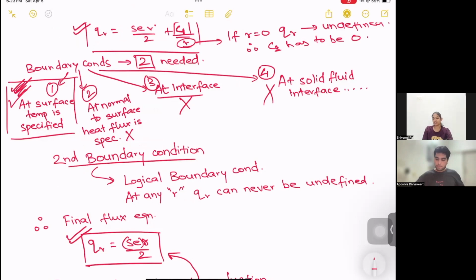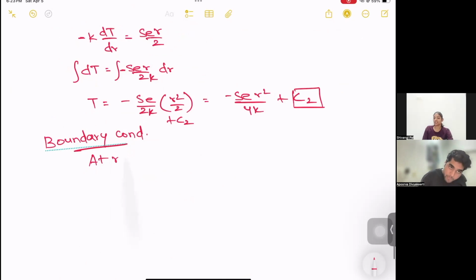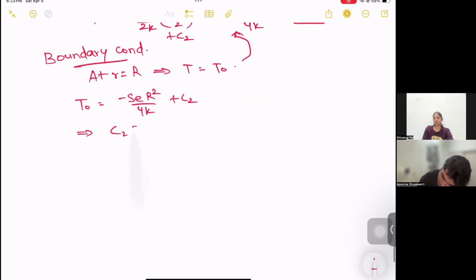As per this boundary condition, at r equal to capital R, our temperature T will be equal to T naught. We will substitute this value into the above equation to finally get the value of C2. From here, our C2 value will come out to be SCR square by 4k plus T naught.